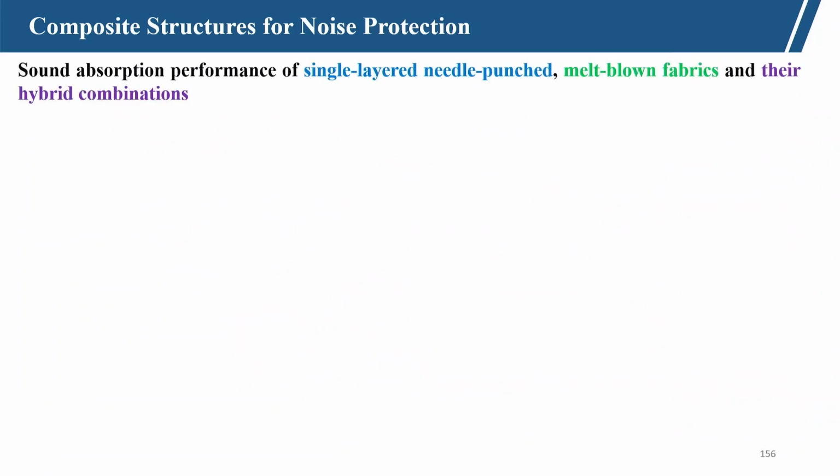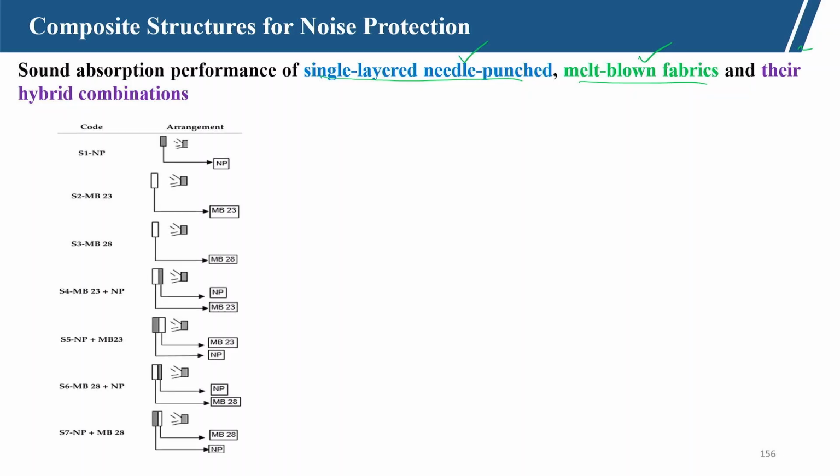The spun bonded fabric, the needle punched and melt blown fabrics were there, and the sound absorption characteristics were measured for the needle punched, melt blown and their combination. Now, here there are combinations.